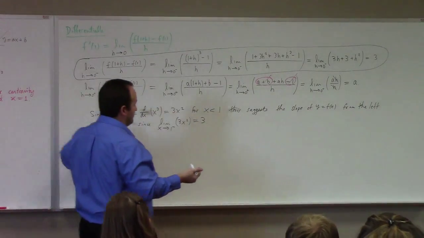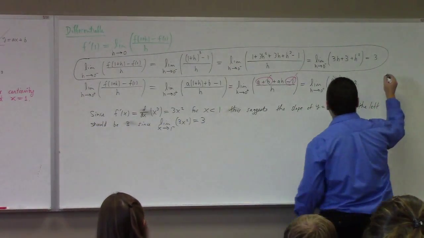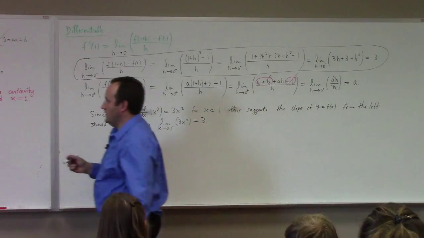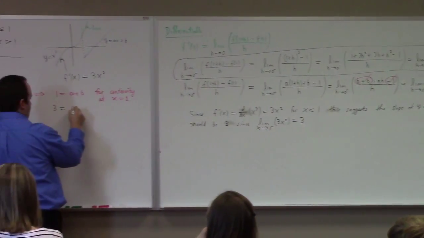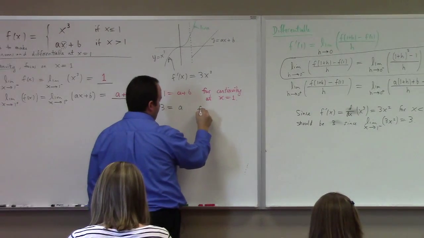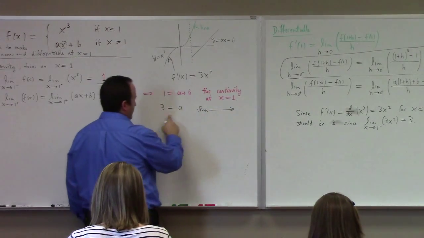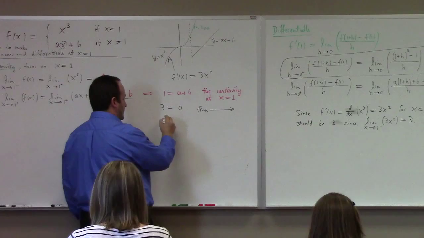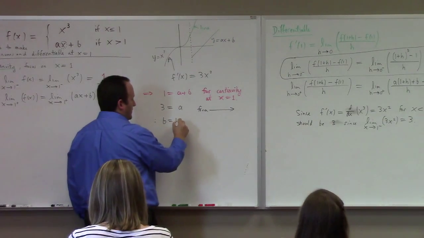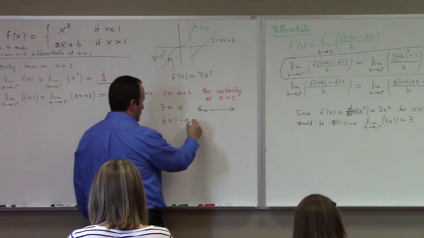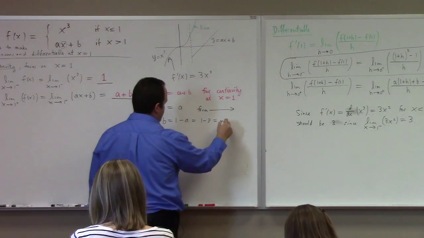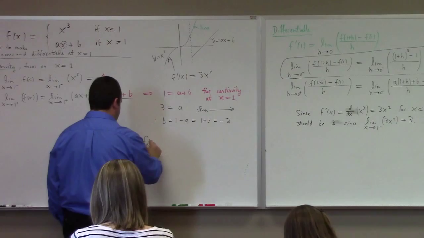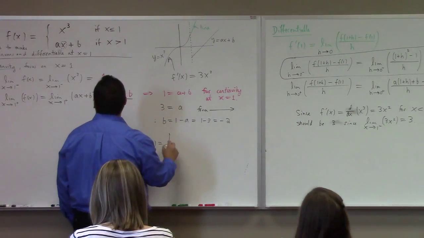And so what do we get? We find that 3 is equal to a from that stuff, right? And so then what do we got? What's b equal to? 1 minus a, right? Which is minus 2, right? So therefore the answer is f of x for the one I made up.